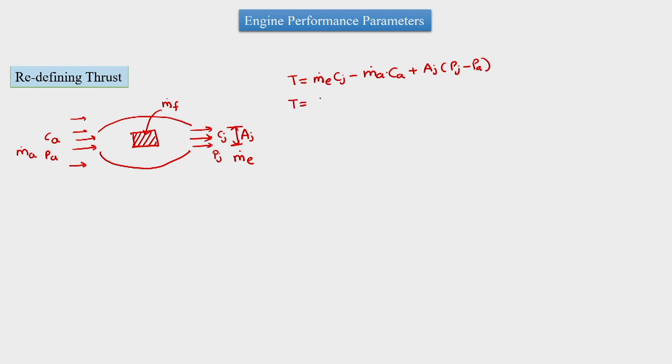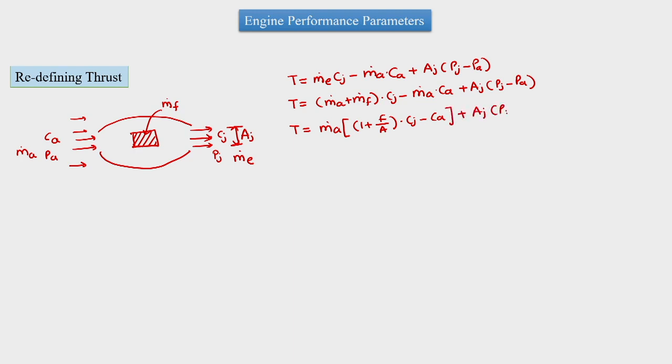So, thrust becomes (m dot A plus m dot F) into Cj minus m dot A into Ca, plus Aj into (Pj minus Pa). Let us take m dot A common, and then we get m dot A into (1 plus fuel air ratio) into (Cj minus Ca), plus Aj into (Pj minus Pa).